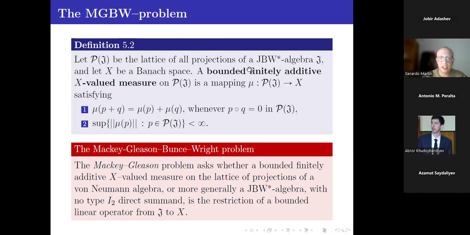When we have a lattice of projections, for example, in the case we are going to study, a GBW-star algebra, and X is a Banach space, then a bounded finitely additive X-valued measure on the lattice of projections is a mapping satisfying two properties: that the map is additive with respect to finite sums of mutually orthogonal projections in the lattice, and also that it is bounded. This means that the supremum of the norms of the evaluation of mu at each projection is finite.